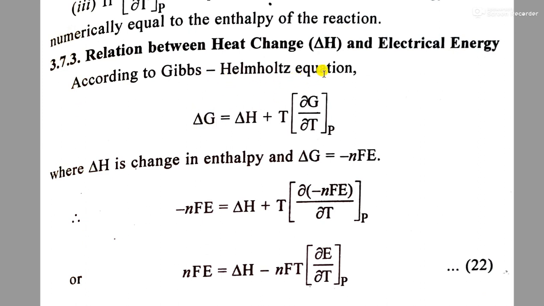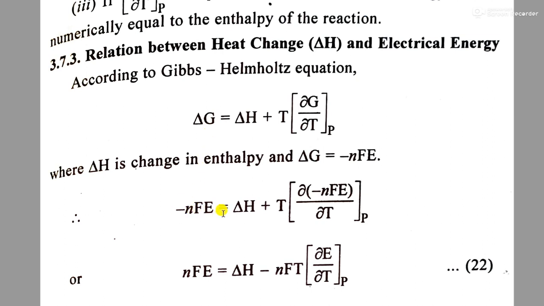Gibbs-Helmholtz equation is delta G is equal to delta H plus T dou by dou T of G at constant pressure, where this delta H is the change in enthalpy, and we know that delta G is minus NF E. So this delta G is connecting the electrical energy of the cell, or the EMF of the cell. So we are substituting this minus NF E in this equation.